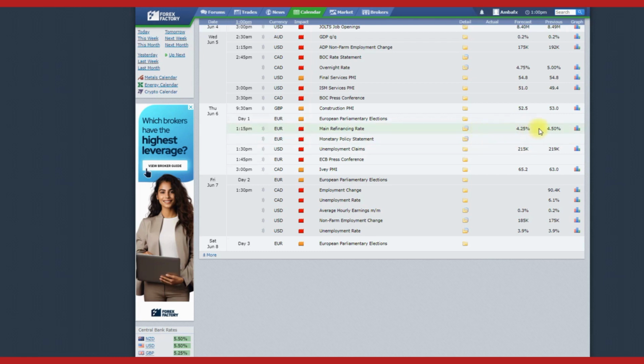I'm not trying to be predictive, but I'm just saying that there is a high probability and possibility of them cutting the interest rate next week, that is in June. And we have the unemployment rate from the US dollar on Thursday, and on Friday, after the interest rate report, the ECB will have a press conference to know the next thing they are going to do.